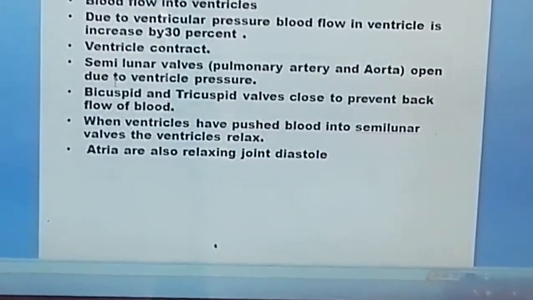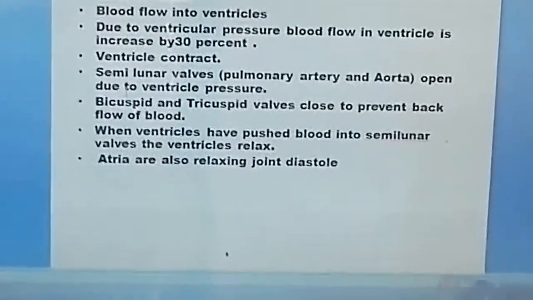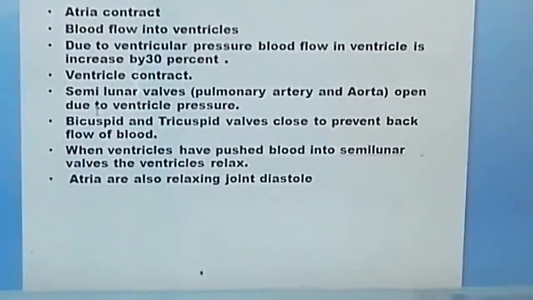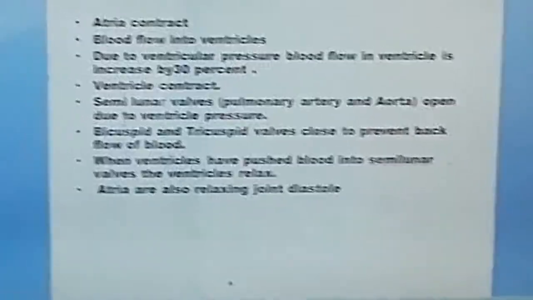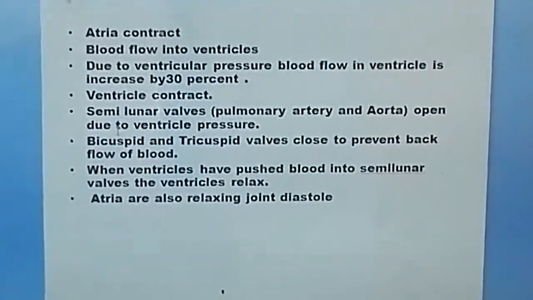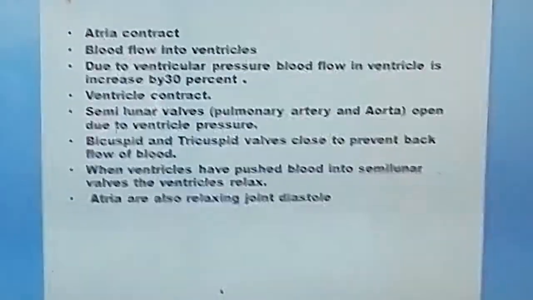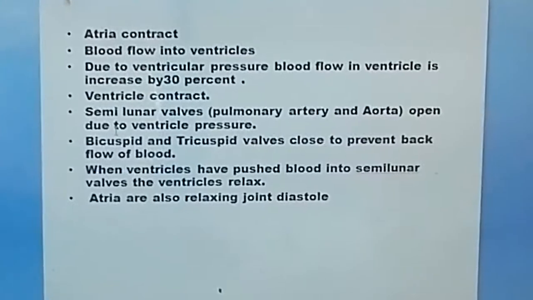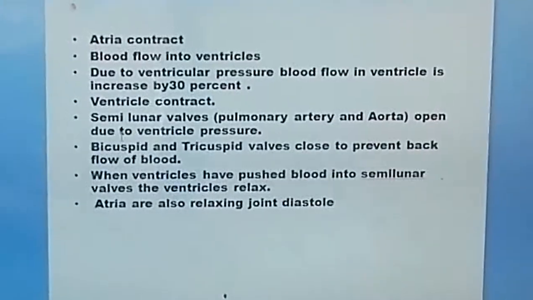On the upper part, the bicuspid and tricuspid valves close. Why do they close? To prevent the backflow of the blood. Anything should be moving forward. So the bicuspid and tricuspid valves close, but the semilunar valves are open and the blood is flowing forward.